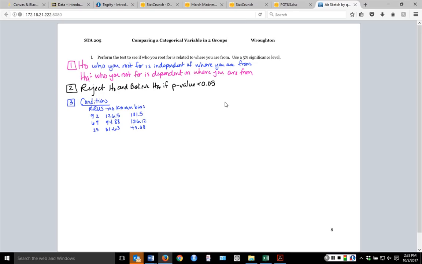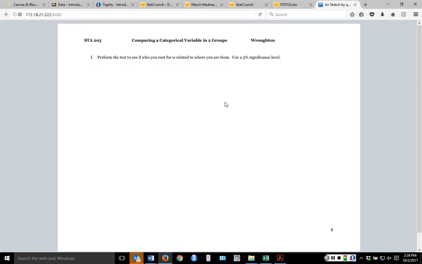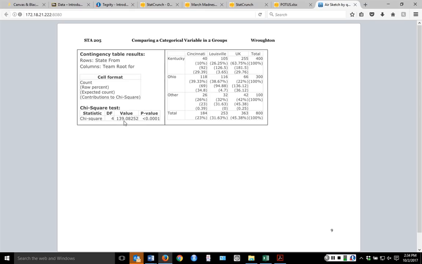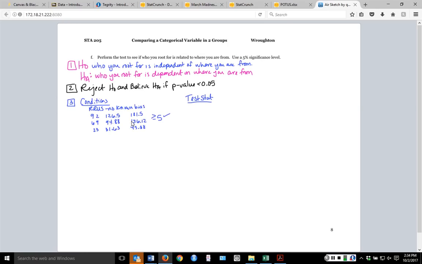Those are all at least 5. So we're good. The other part here I need is my test statistic, which is also just given to us in the output. It's this value, 139.08.